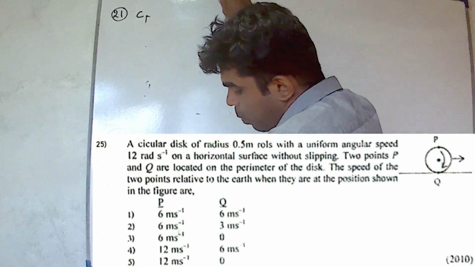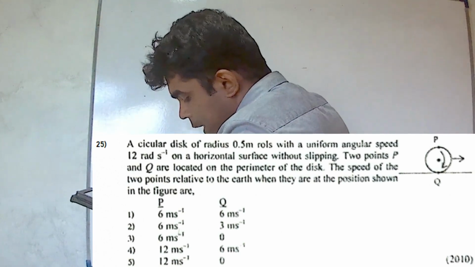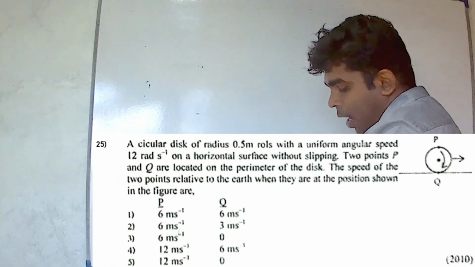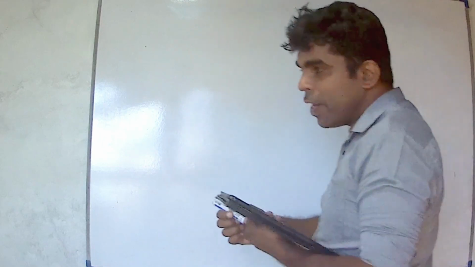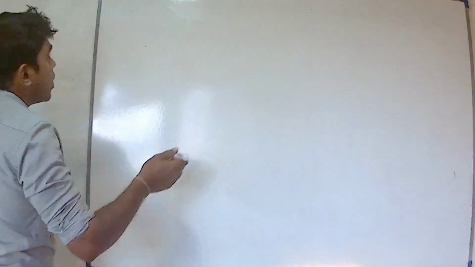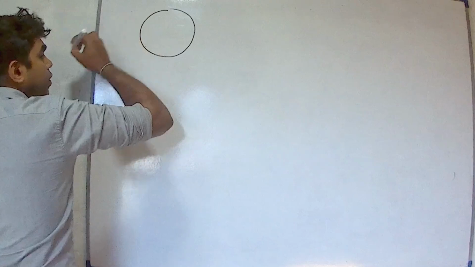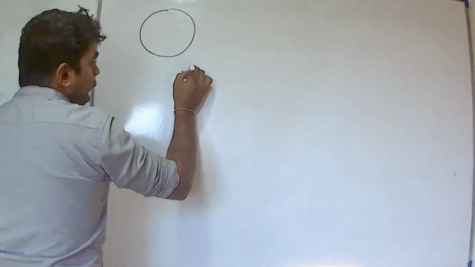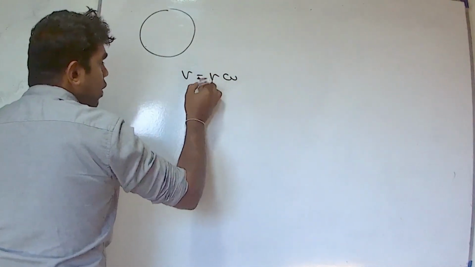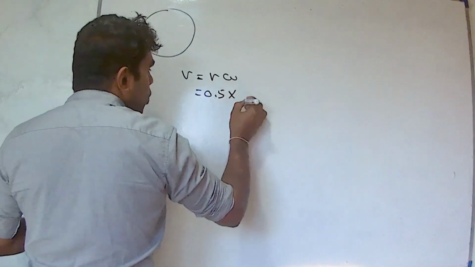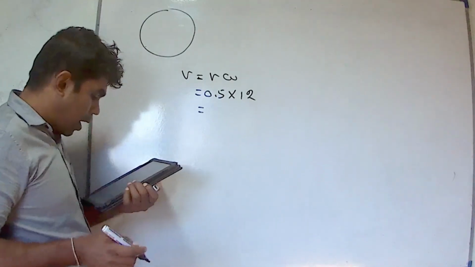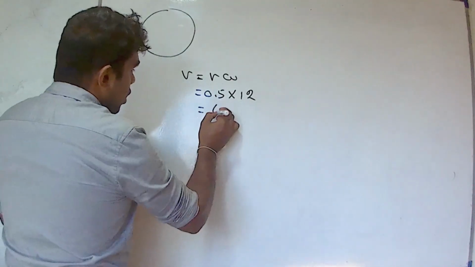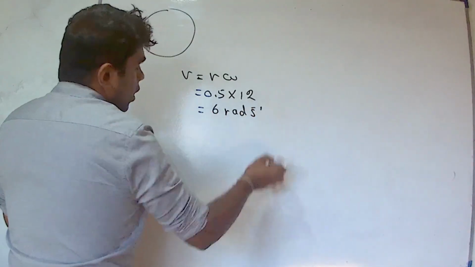The speeds of the two points relative to the earth, when they are at the positions shown in the figure, are... We know that the tangential velocity of the object is r omega. Then V equals r omega. Tangential velocity is radius 0.5 times angular velocity 12, which is 6.